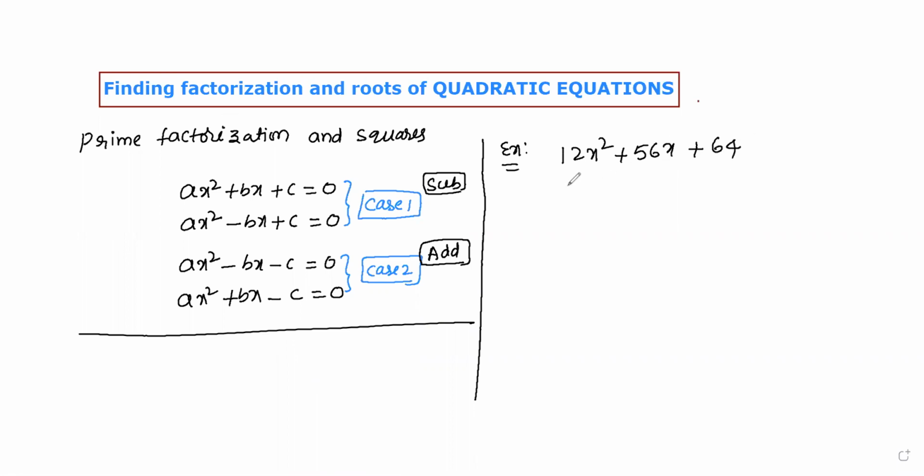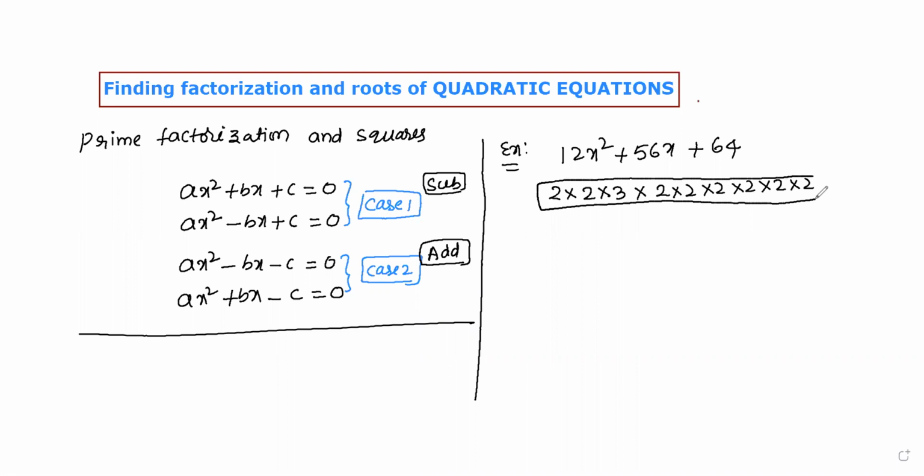Here the prime factorization of 12 is 2 into 6, and 6 can be written as 2 into 3. And 64 is nothing but 2 to the power of 6, that is the reason I'm writing 2 six times here.